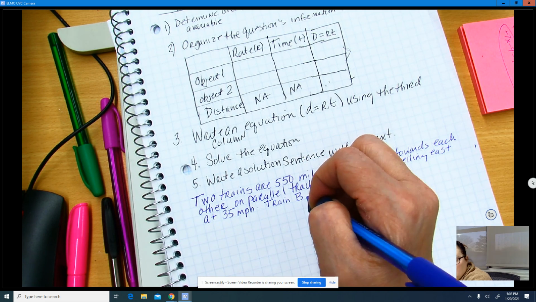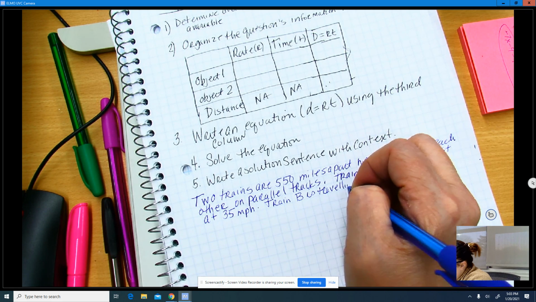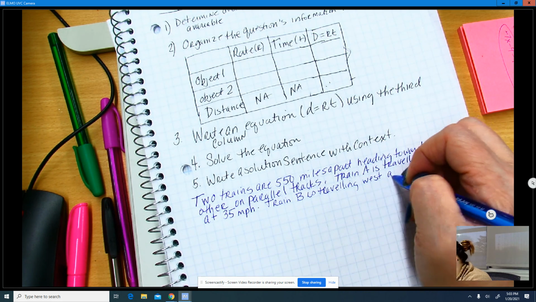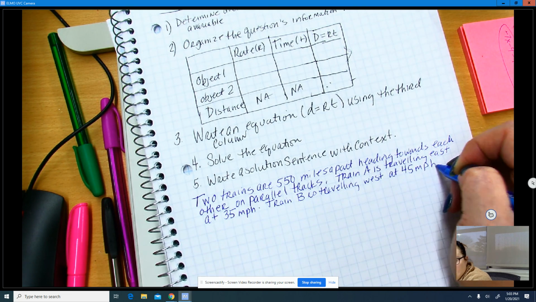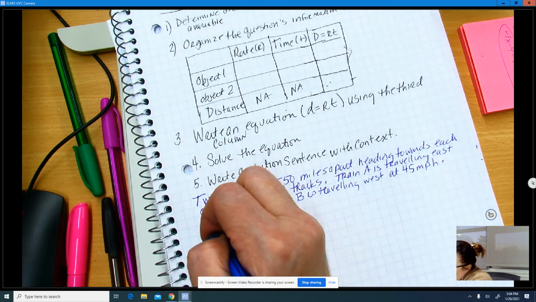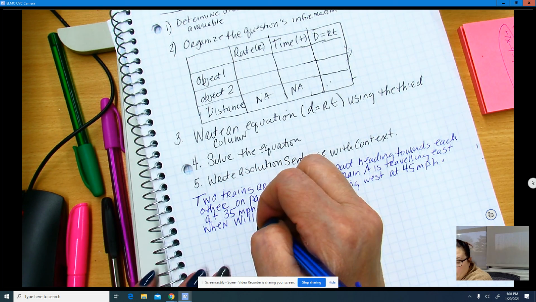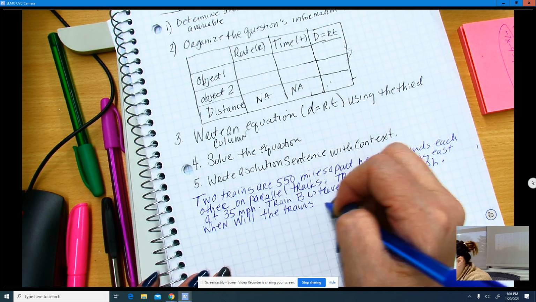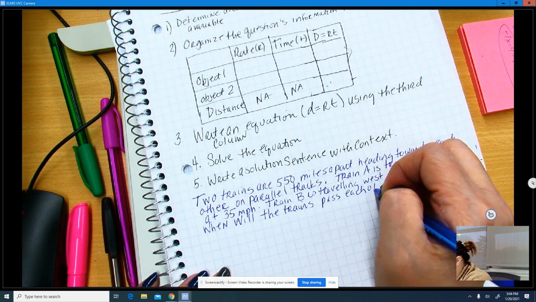Train B is traveling west at 45 miles per hour. When will the trains pass each other?